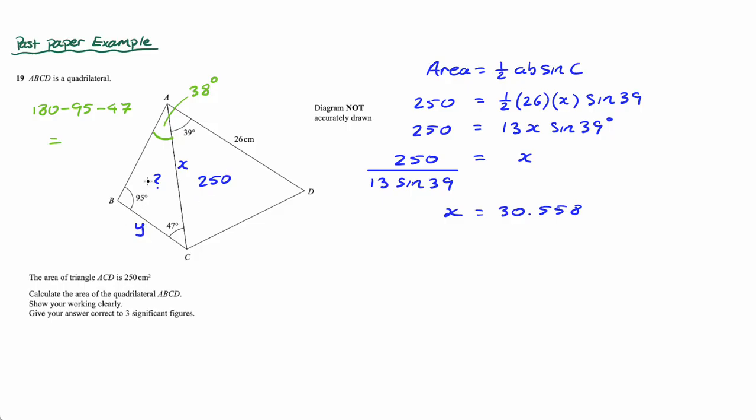I could choose either this one or this one. It doesn't actually matter, but because I have y here, I'm going to use, so I know x and I want to find y, I'm going to use the sine rule because I can do y over sine 38 equals x over sine 95, and I know x. So sine rule, I can say y over sine 38.